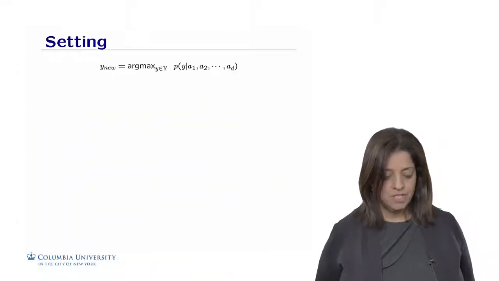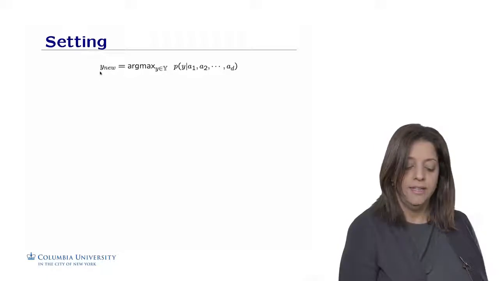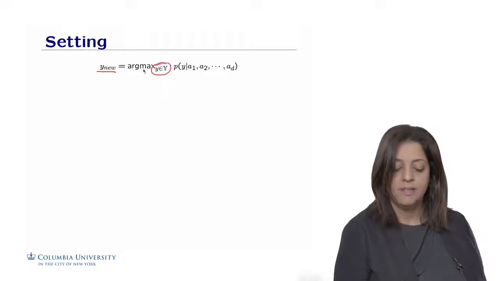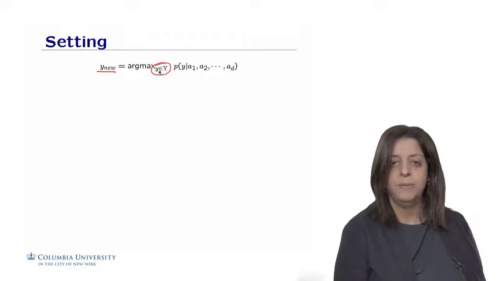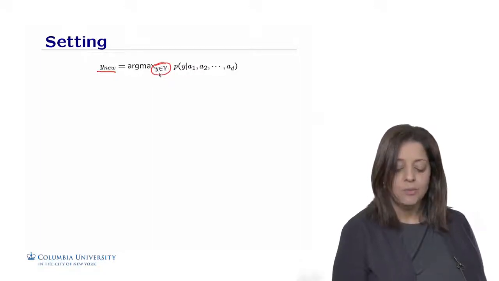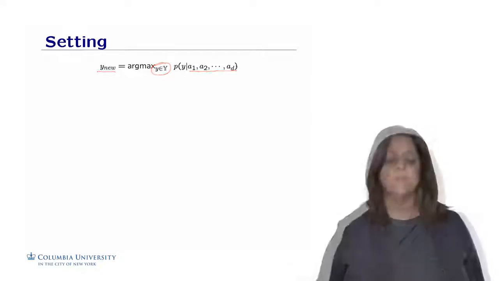So what we want to achieve is to find the label of the new example, where Y belongs to the set of possible outcomes or labels. So it could be +1 or -1, or 0, 1, or bananas and oranges, right? What would be the Y that maximizes the quantity P of Y given A1, A2, AD, which are the values observed in the data? So this is what we want to achieve.